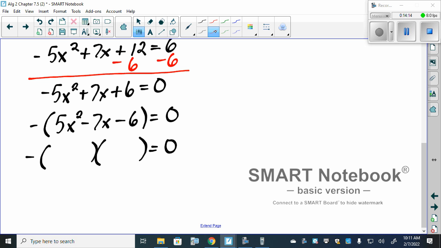Because here, since the 6 is negative, 1 is going to be positive, 1 is going to be negative. Now we need to find the factors of 5x squared. Well, we do know that we'll have x and x, and the factors of 5 are 5 and 1. Where do we want to put the 5?